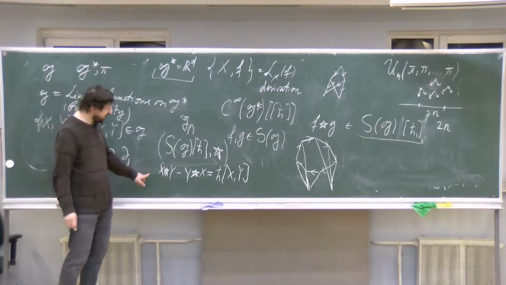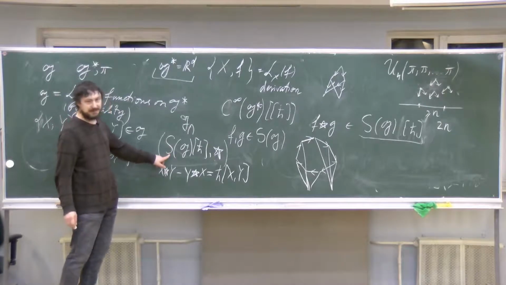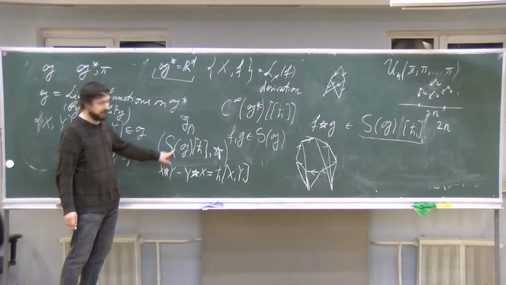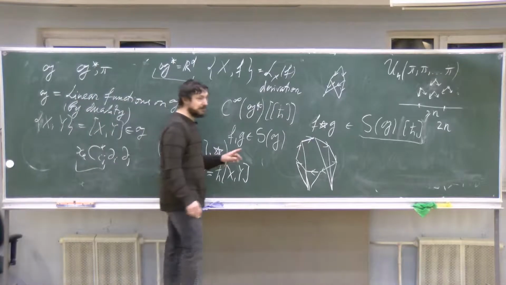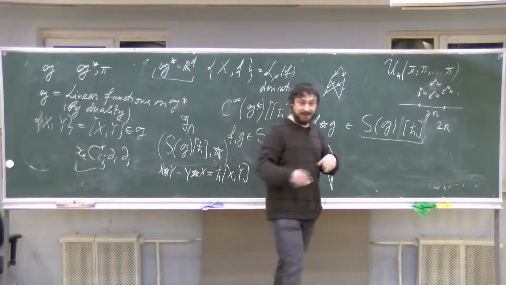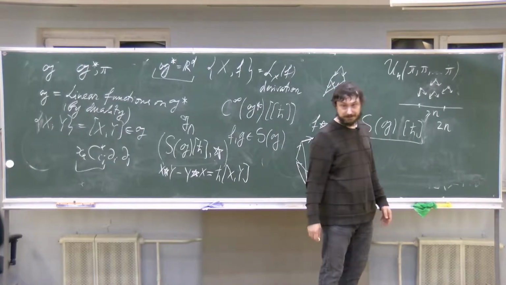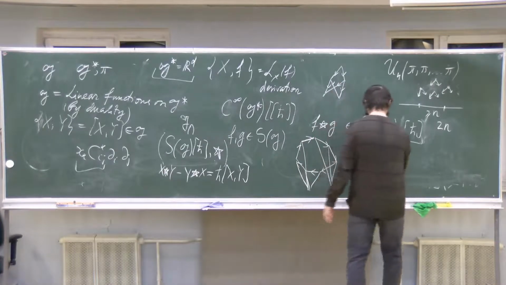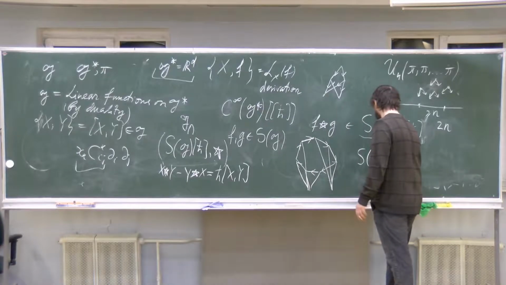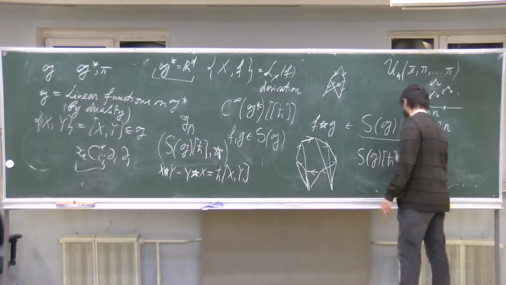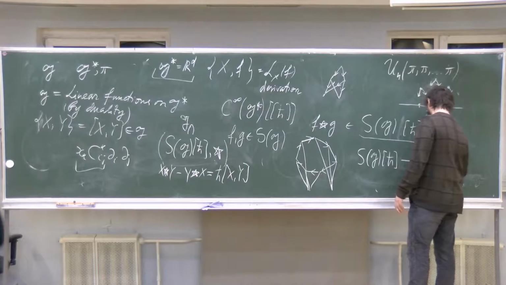This means that there is a map from this algebra with this product into the universal enveloping algebra enlarged by adding this formal variable h bar.